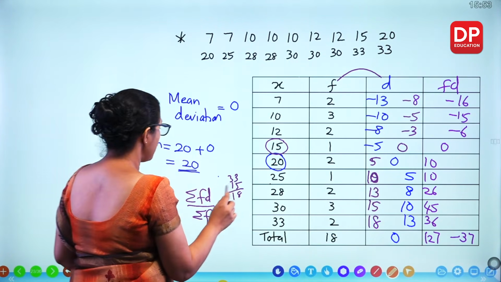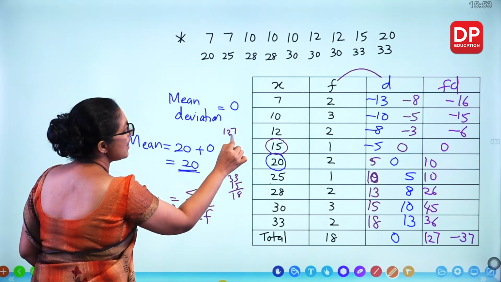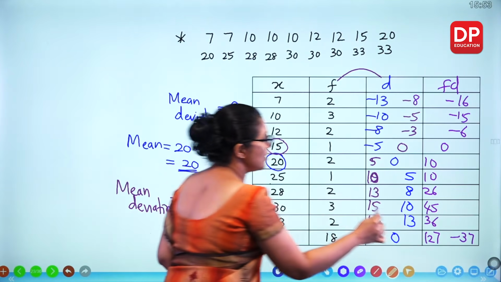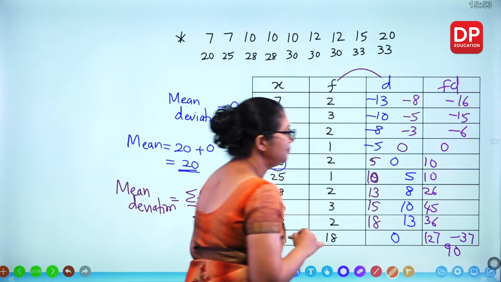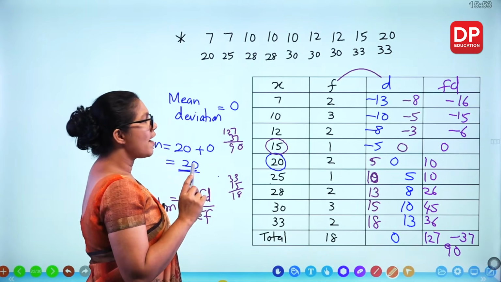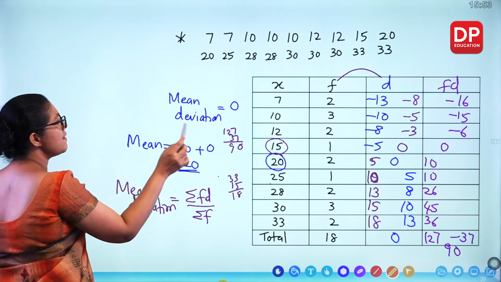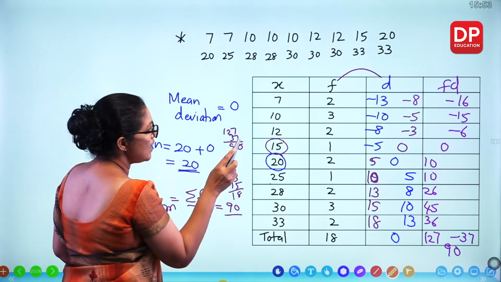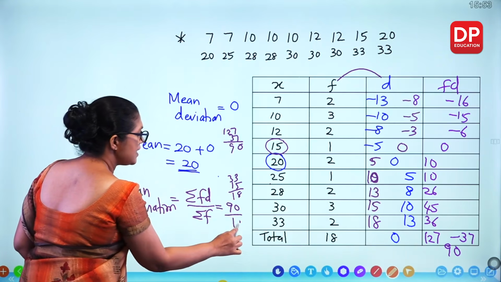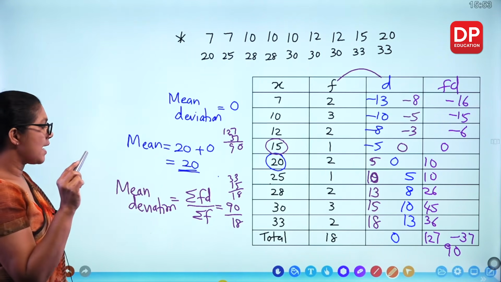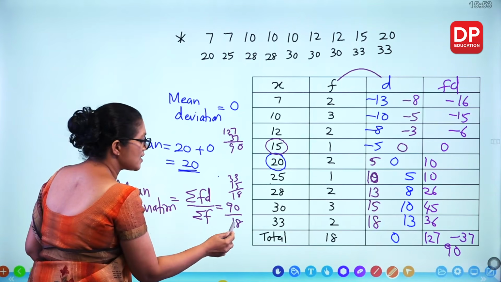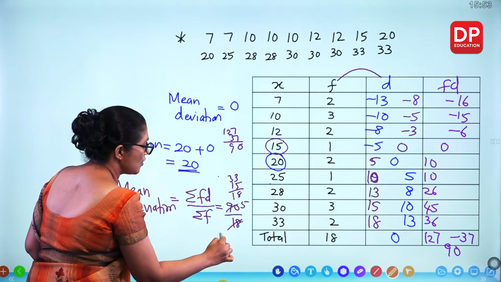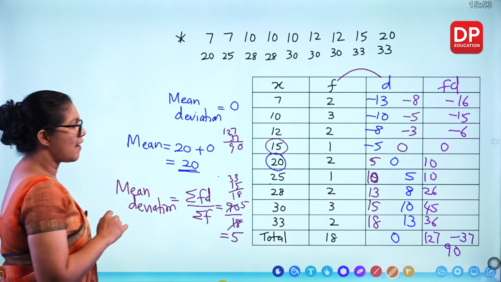So add it together, 127 minus 37, you get 90. So the total FD is 90. How do you find mean deviation? Mean deviation is sigma FD, that's 90, divided by sigma F, 18. So what's the value? 5. So you get mean deviation is 5.